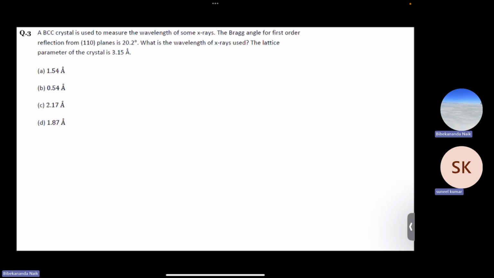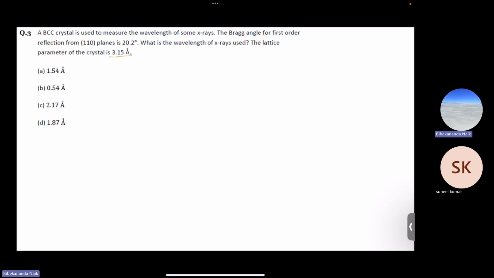The Bragg angle for first order reflection from the 110 plane is 20.2 degrees. What is the wavelength of the X-ray used? The lattice parameter of the crystal is 3.15 angstrom.